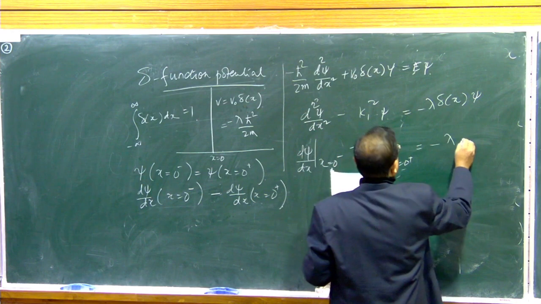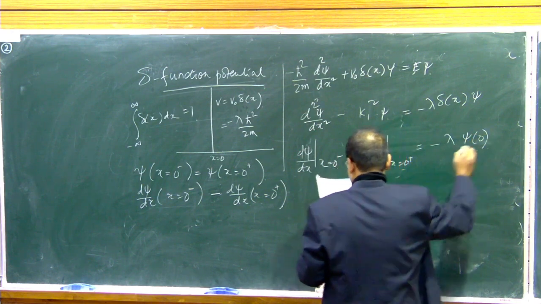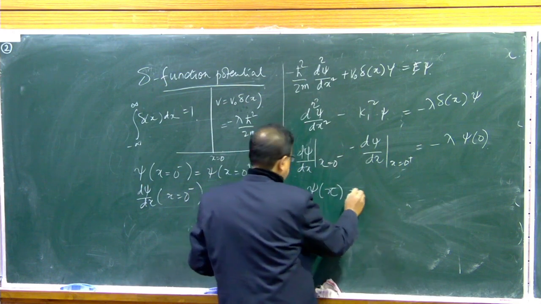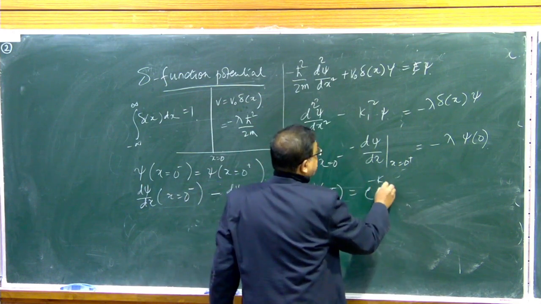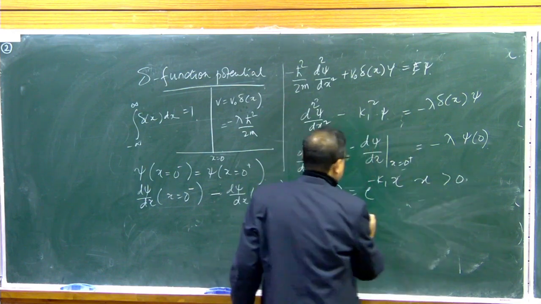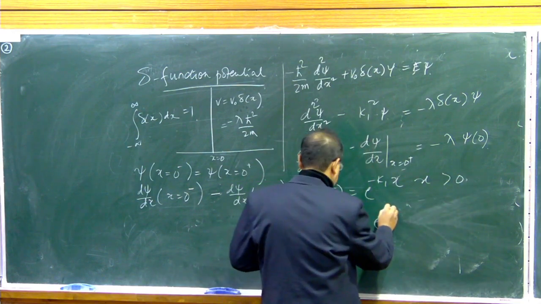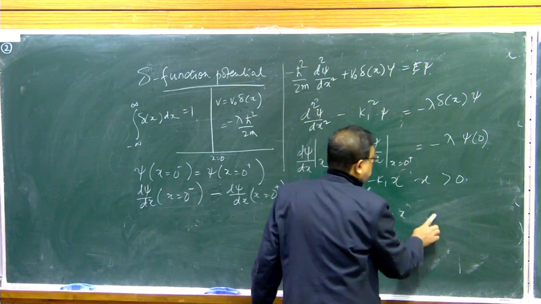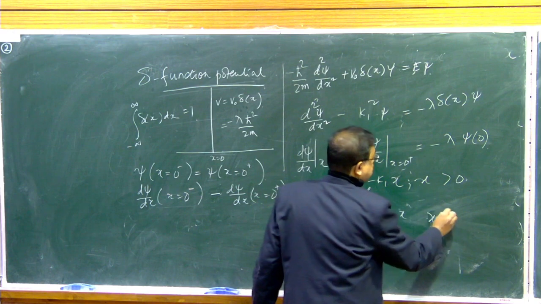is equal to minus lambda psi at 0, and so one can write down the solutions as psi of x equal to exponential minus k1 x for x greater than 0, and exponential k1 x for x less than 0. All right.